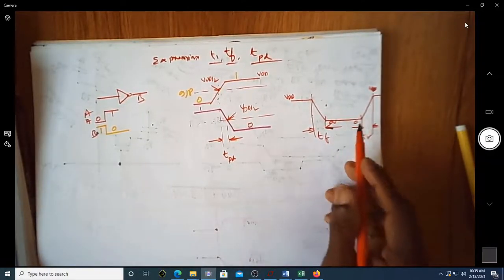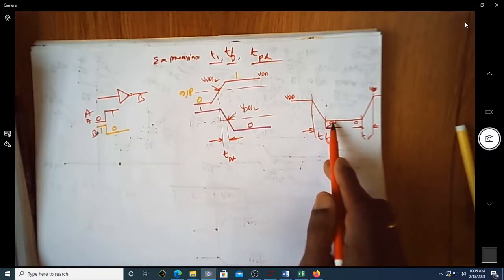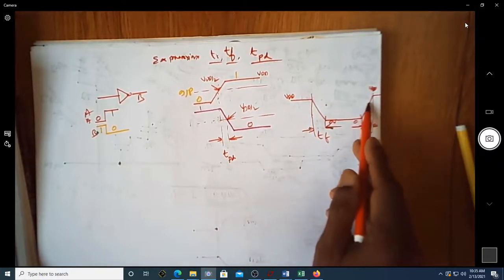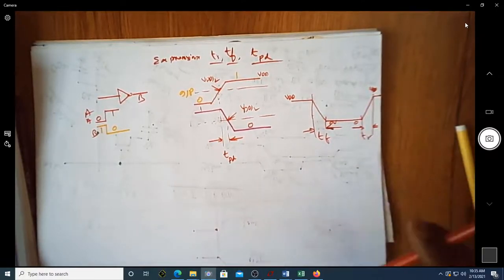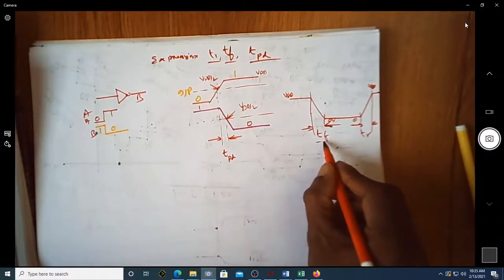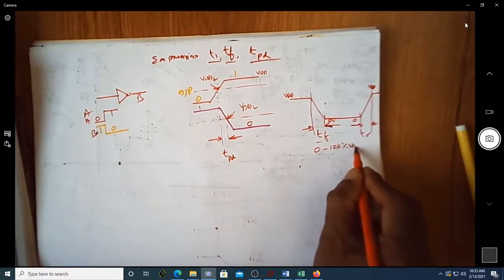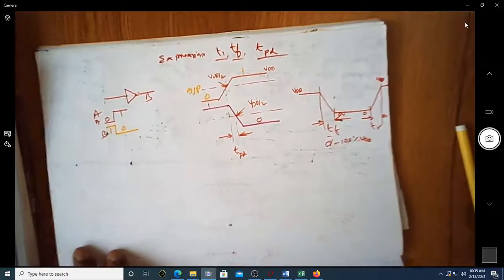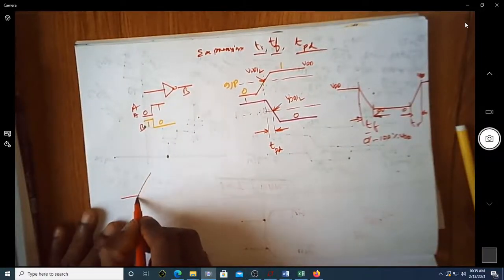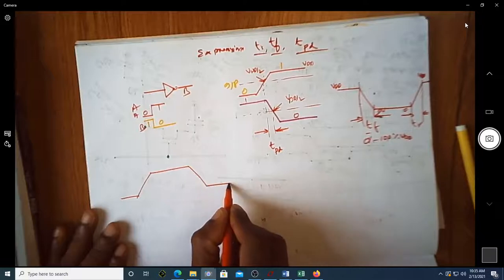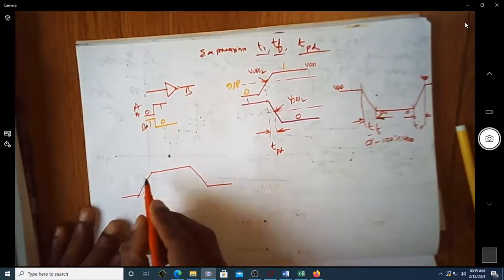But under typical conditions, the capacitor will take a long time to go to 0, and again a lot of time to reach VDD. So instead of defining the rise time and fall time as 0% to 100% of VDD, how do they typically define them? Suppose you consider this as a typical output of an inverter.